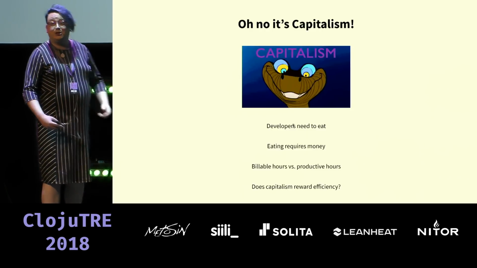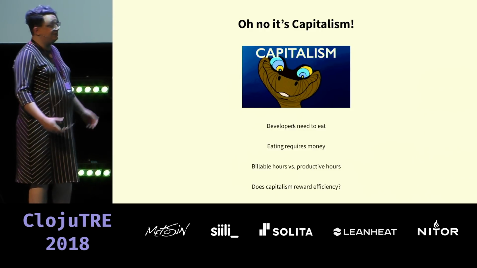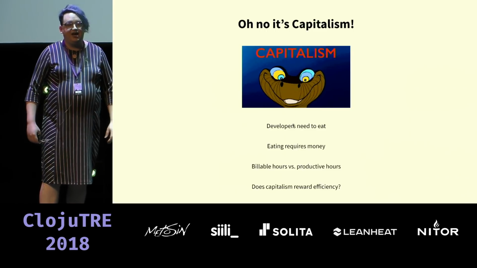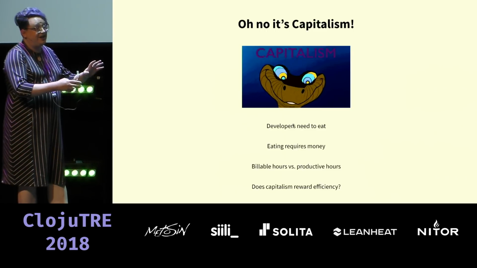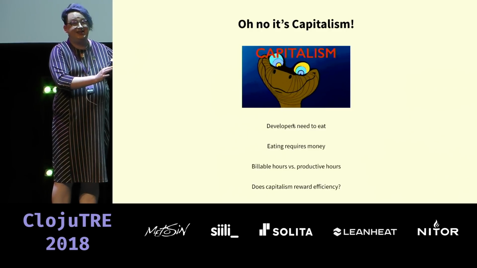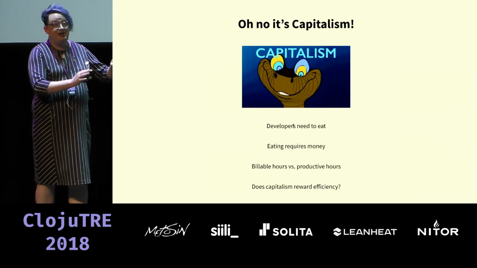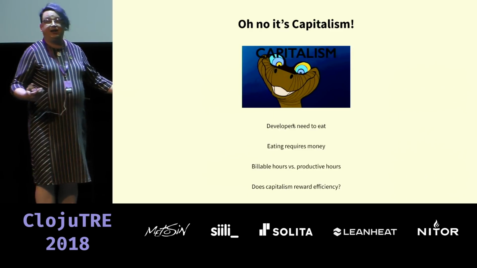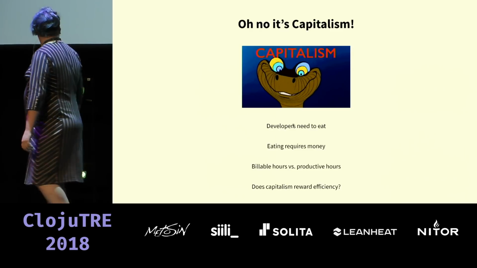Now, if I'm a Clojure consultant or an Elm consultant, I can go, yeah, but I can do the same thing in 3 months. And that sounds really good to the client, and it's a really big selling point, but it's a problem for us because 3 months down the line, now I've got no more work to do.